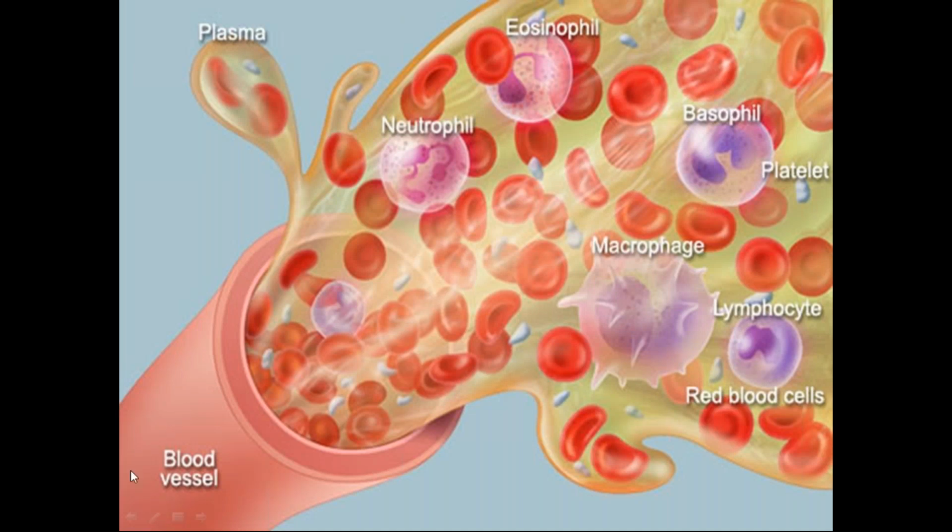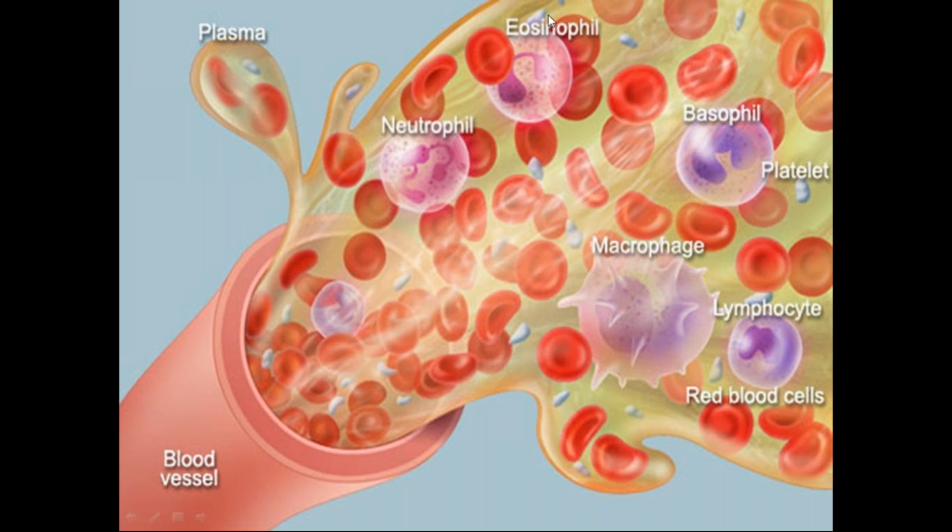Now see, this is your blood vessel, your artery, and the whole lot of blood is coming out from it, and it is made up of so many cells. It has so many cells present in it, and this straw color is your plasma. So there are your RBC cells, your neutrophil cells. We will study each and everything.